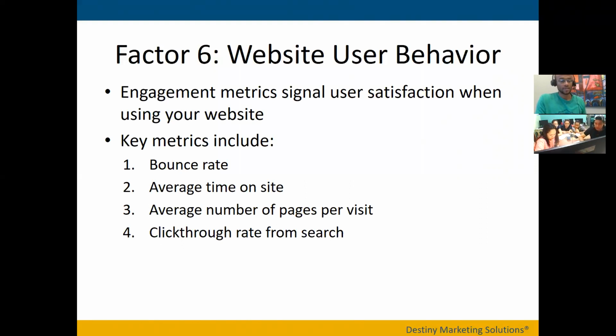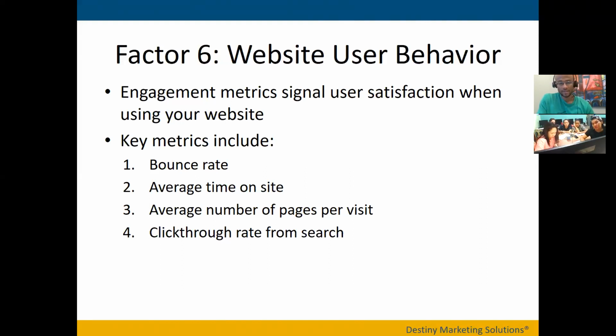Bounce rate simply means, when someone lands on your website, what percentage of people leave immediately? They don't submit a contact us form, they don't call you, they don't navigate to another page. They land on one page on your website, then they leave immediately. The percentage of people who do that is your bounce rate.